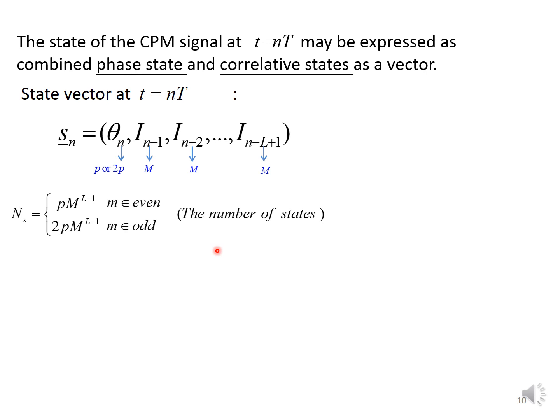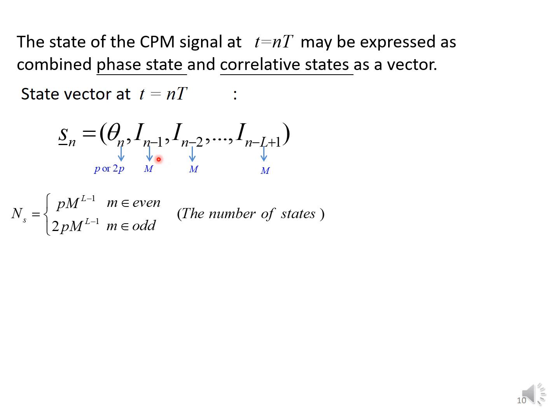So the number of states of a signal could be P, where P is the number of phase states, times M to the order of L minus 1, because we have L minus 1 previous symbols.